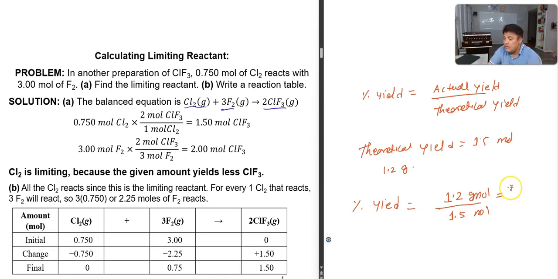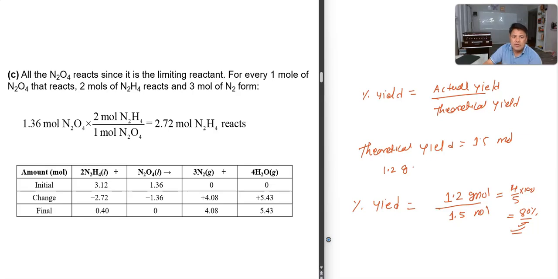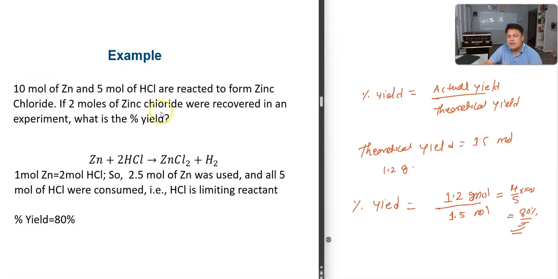That is 4 by 5, right? 4 by 5 times 100 is about 80%. You get 80% yield and 20% is the error. In your experiment you have an uncertainty of about 20%, you lost 20%. So the percentage yield is 80%. That's the percentage yield. So we have done this example.